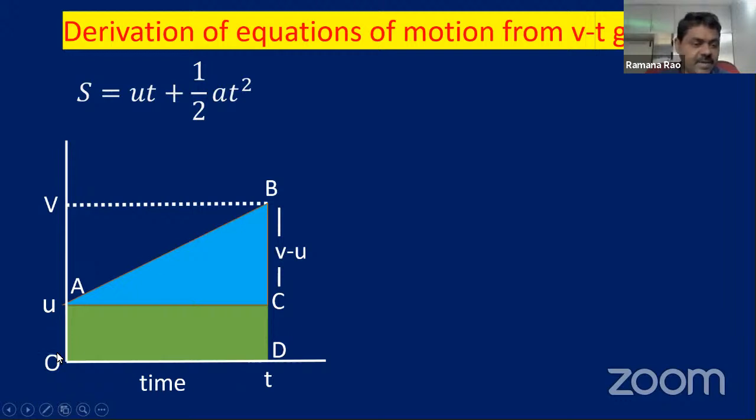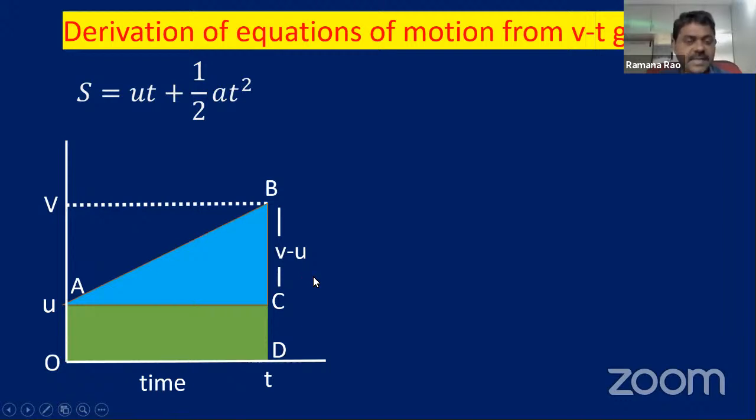At t equals 0, the velocity is the initial velocity u, and this is the velocity after t seconds of time. After t seconds the velocity is v. So this distance on the y-axis is u, the total distance on the y-axis is v, and this distance is v minus u. It is clearly indicated in the diagram.